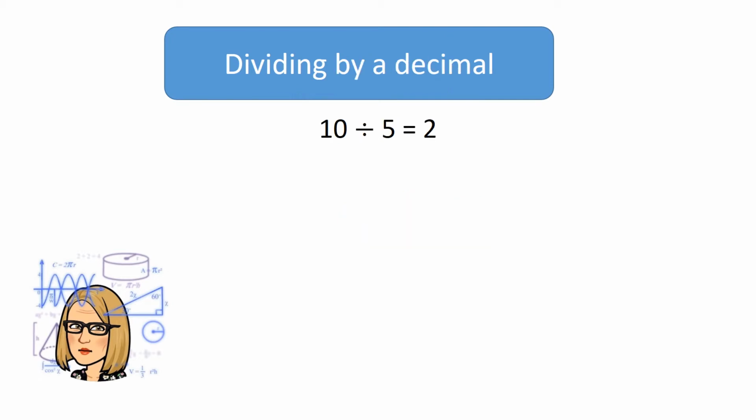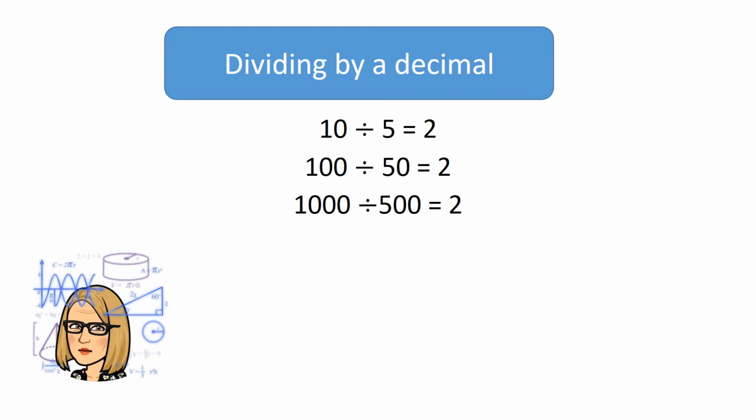Now we're going to look at dividing by a decimal. There's something I want to show you first though. I've got a calculation here, 10 divided by 5, and the answer to that is straightforward, it's 2. Now if I make 10 and 5 both 10 times bigger, so I've got 100 divided by 50, then my answer is still 2. Let's see if I make them 10 times bigger again.